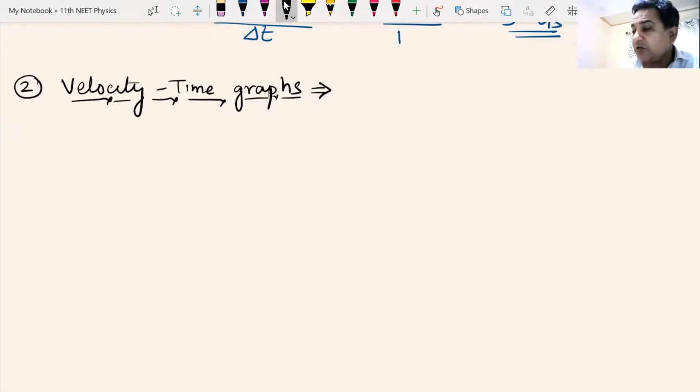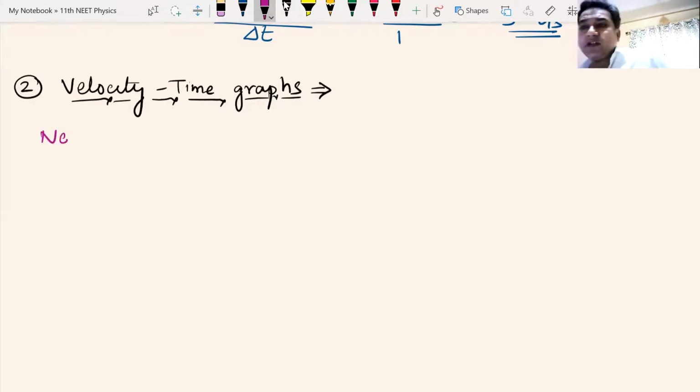I'll give you a minute or two, else I will move on. Well, I don't have any raised hands, so I'll assume that we have understood this. So now we'll move on to velocity time graphs.